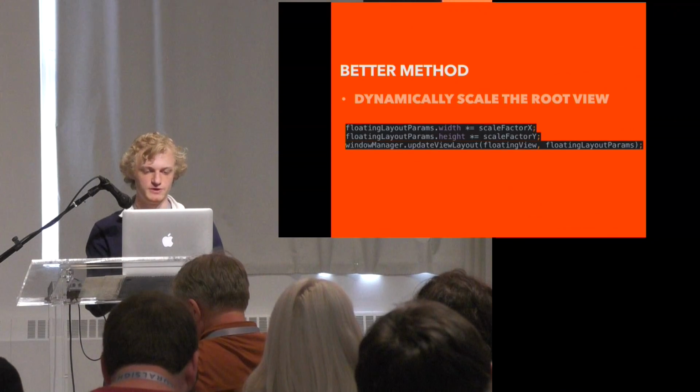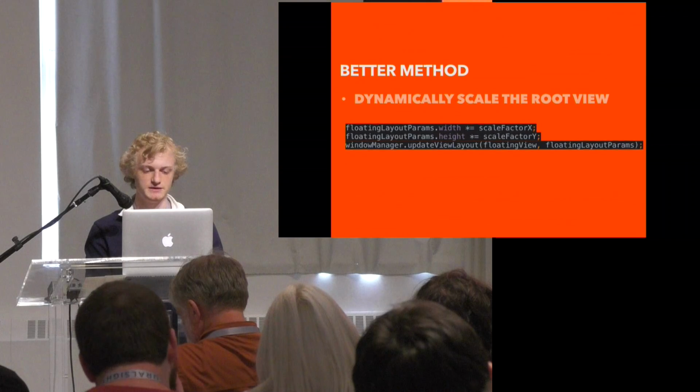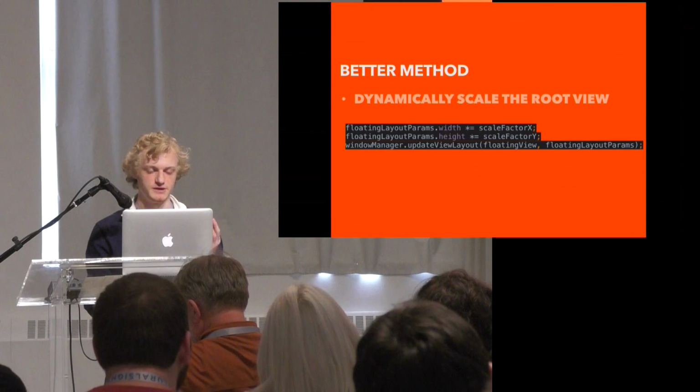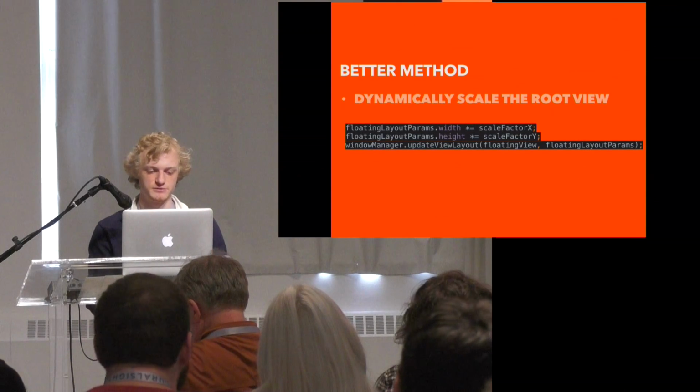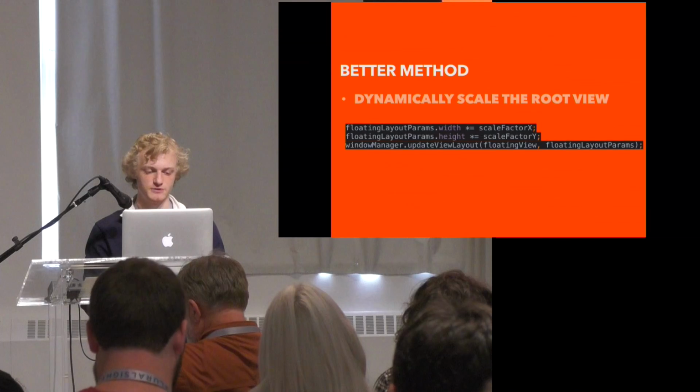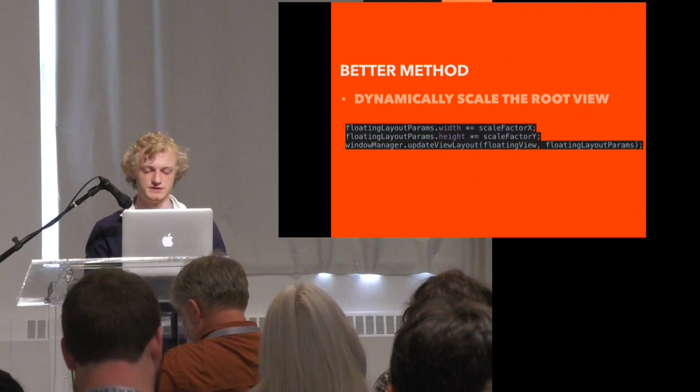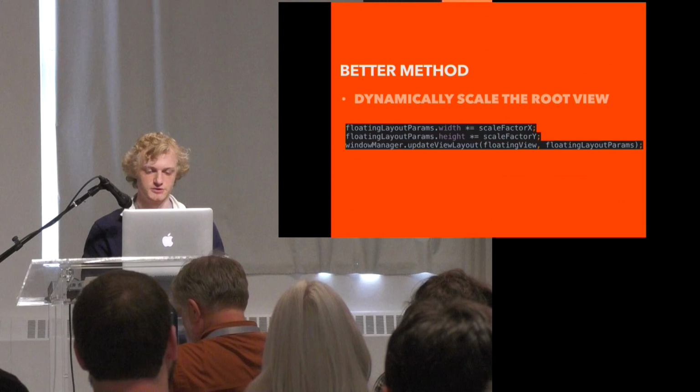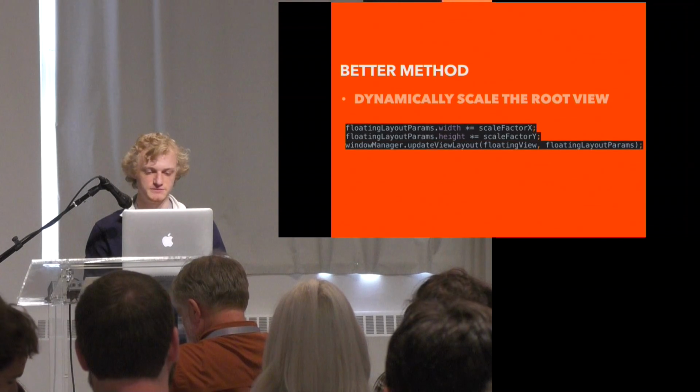Again, every time we update anything in the layout params, the four fields that we normally care about are our X and our Y and our width and our height. We always need to update the view layout. We need to notify the window manager that this view and its layout parameters have been updated. We do that.